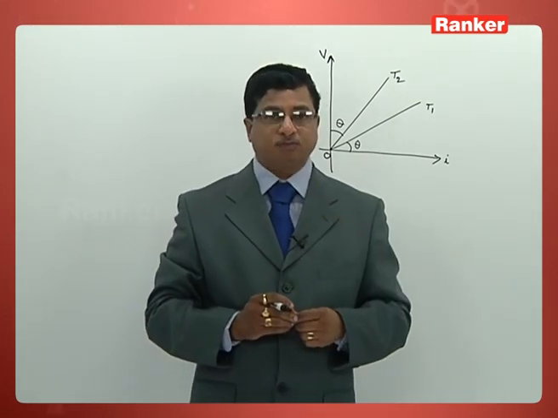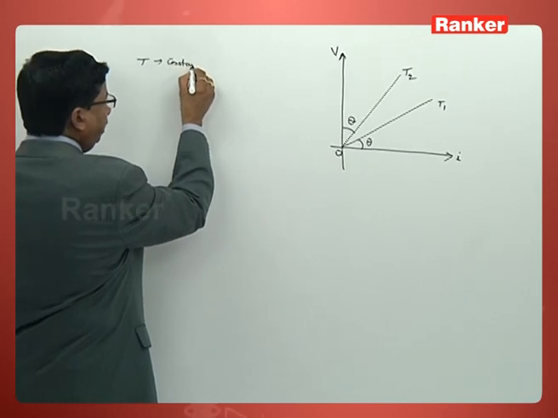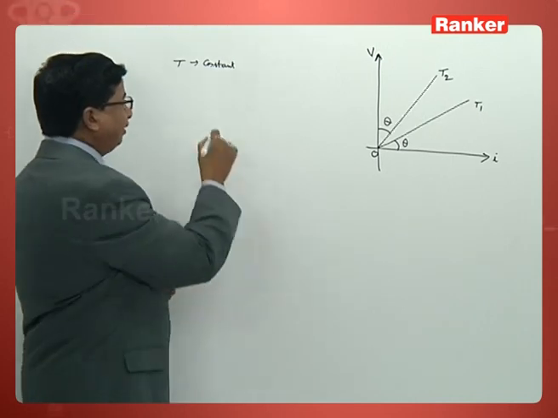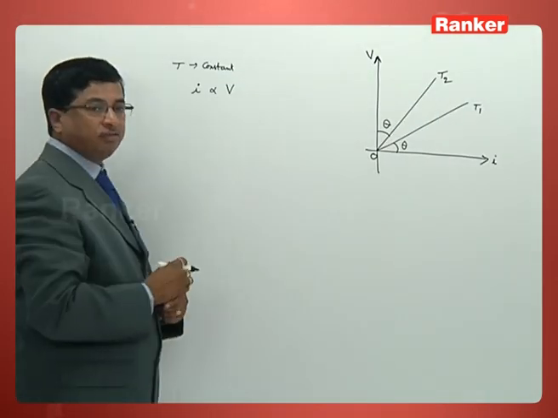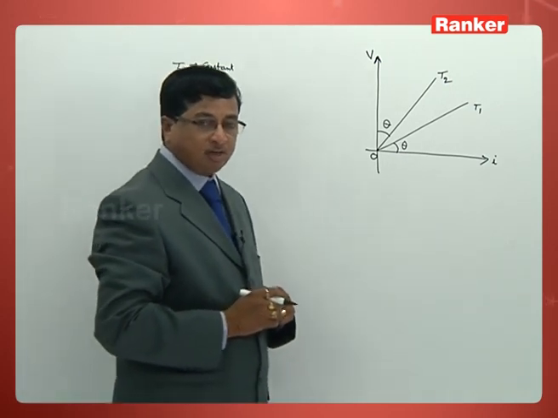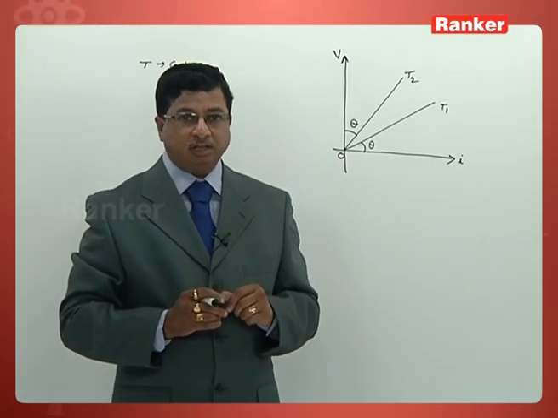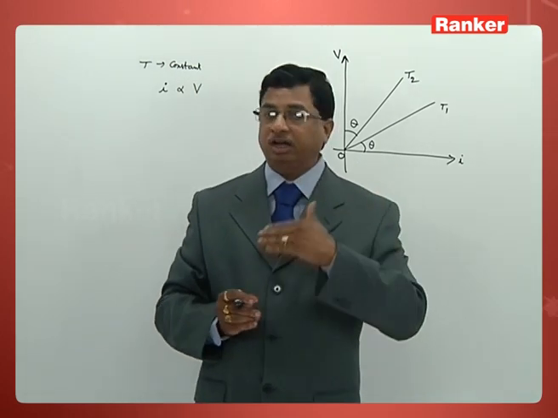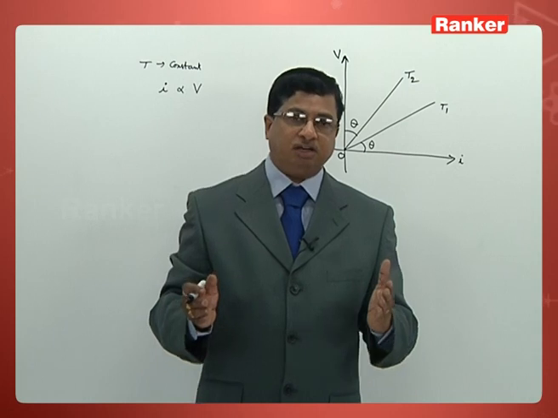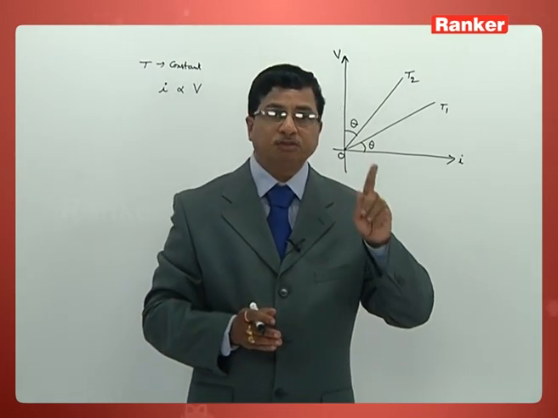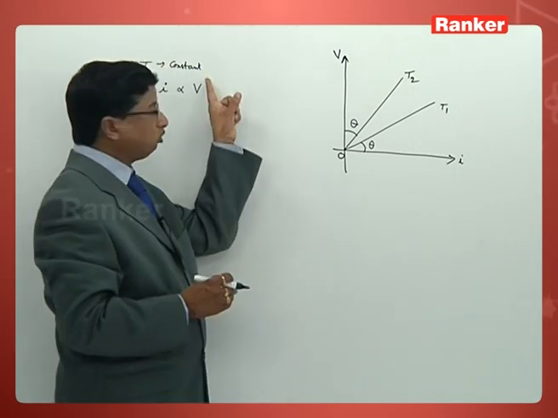Just to recollect that aspect, you know very well, at a constant temperature, when we keep the temperature of the system constant, then the current across the conductor is directly proportional to the potential difference across the terminals of the conductor.